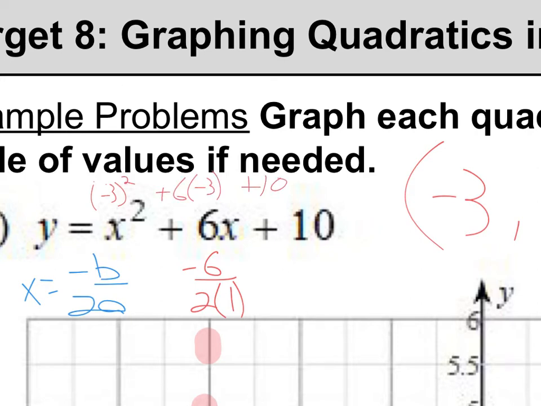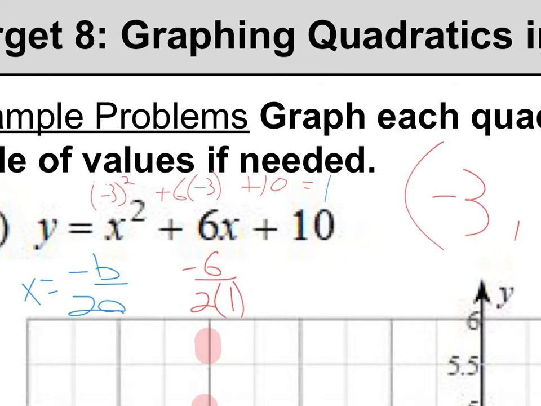So negative 3 squared, that would be a 9. 6 times negative 3, that's negative 18. So 9 minus 18 plus 10 gives me 1.